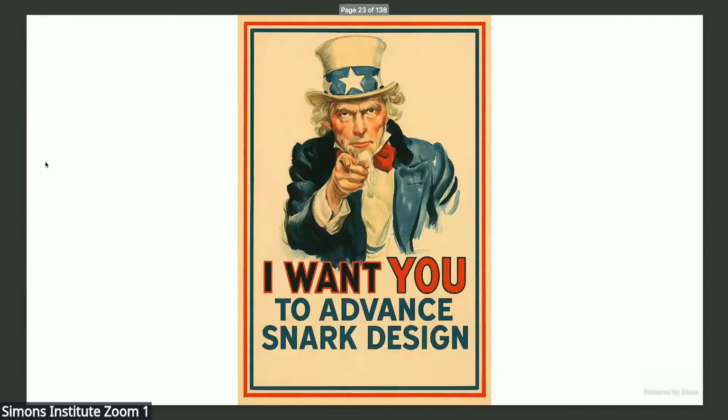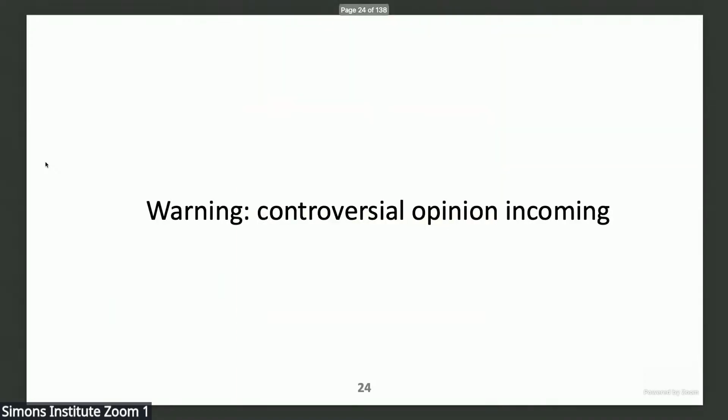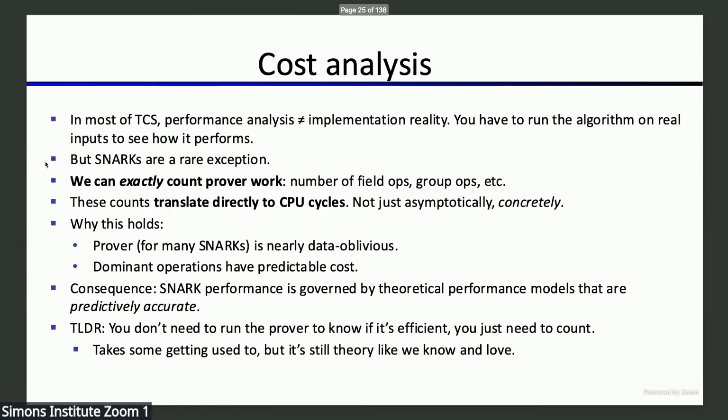Okay, so good. One more point I want to make, which is extremely controversial, and I think most people disagree with me, since this is Simons Institute for the Theory of Computing. I actually firmly believe that you do not have to implement these SNARKs to have a very good idea of how they will perform. This is very unusual in algorithm design writ large.